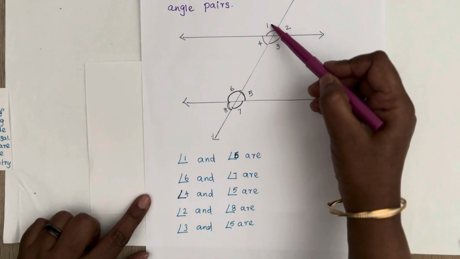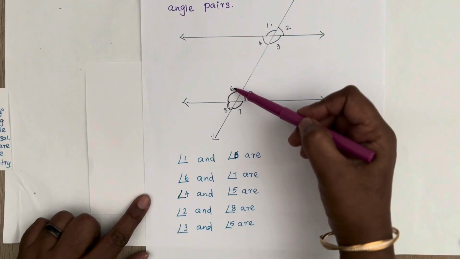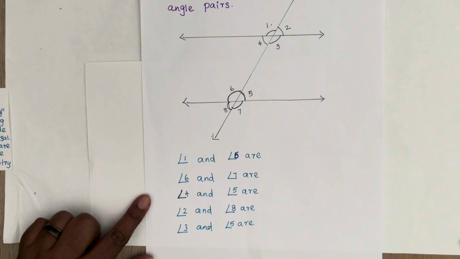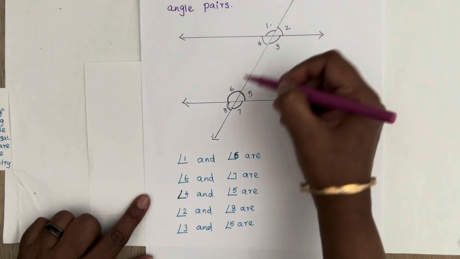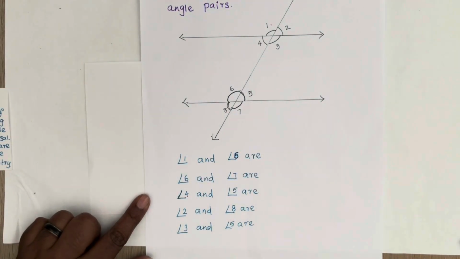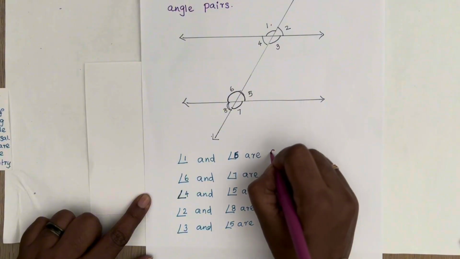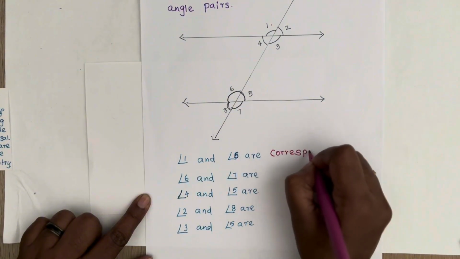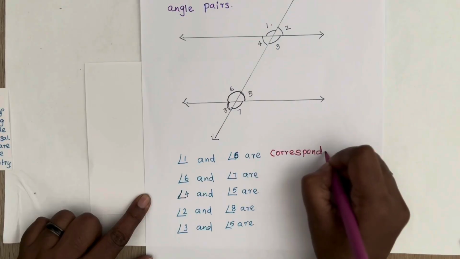These two angles are corresponding angles. Corresponding angles means angles in matching corners. Angle 1 and angle 6 both are in matching corners, so these two angles are corresponding angles.